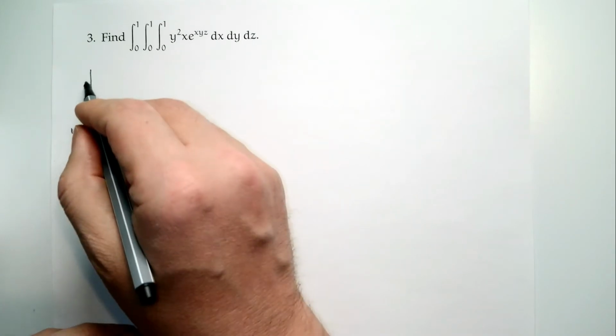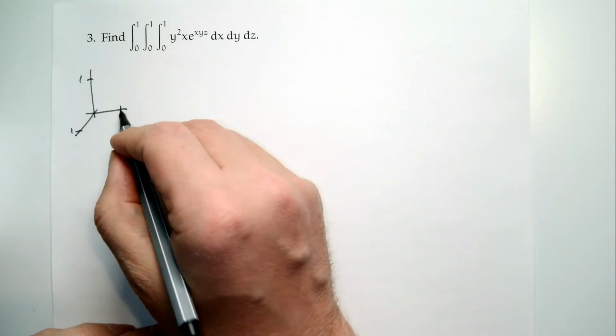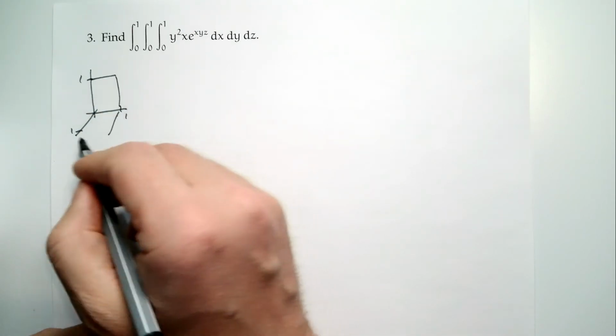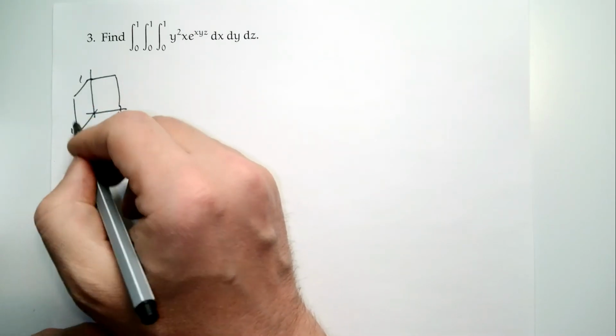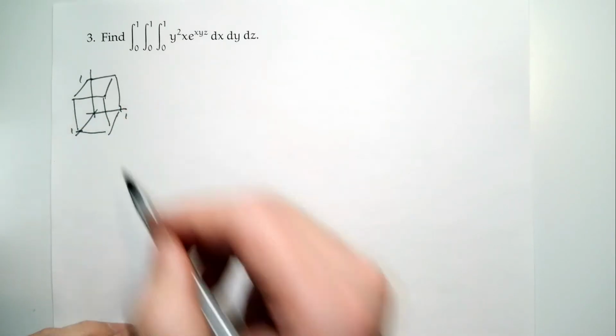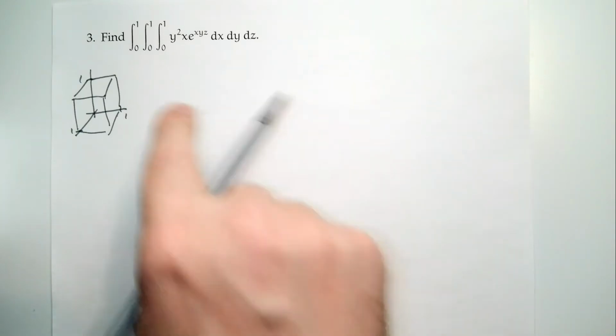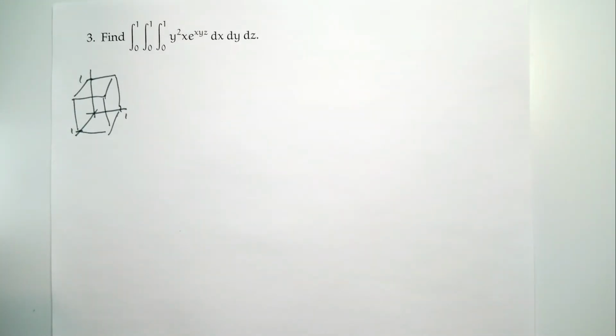What does the shape look like? It says you go 0 to 1 in all directions. So our shape is a cube. Now, what's the nice thing about cubes? The nice thing is we can just change the order arbitrarily. So the question becomes, which is the right order?